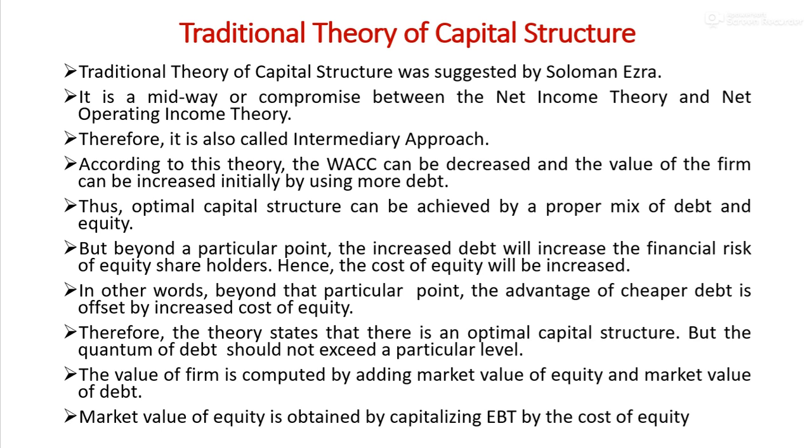Beyond a particular level, the increased debt will increase the financial risk of equity shareholders, and consequently, the cost of equity will increase. In other words, beyond that level, the benefit of cheaper debt is offset by the increased cost of equity.